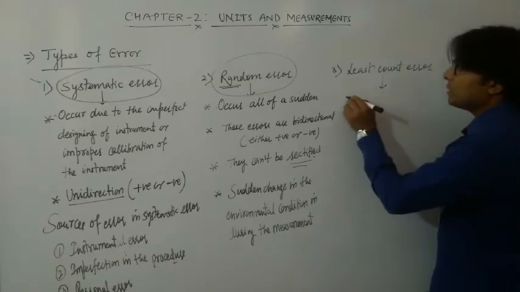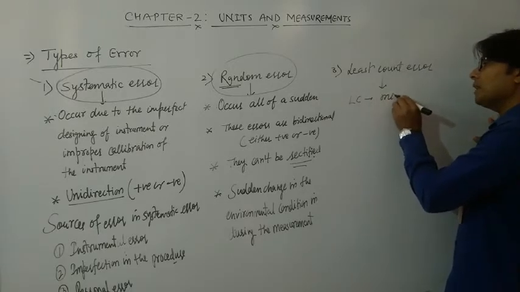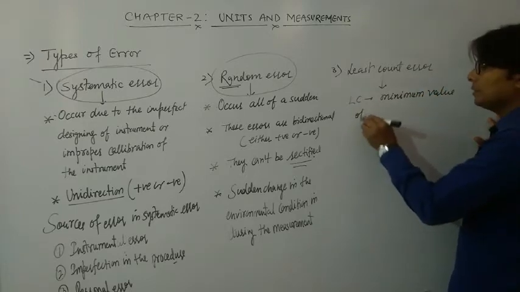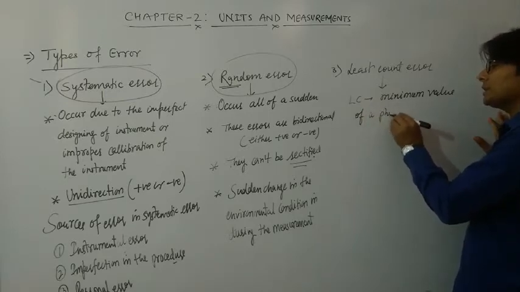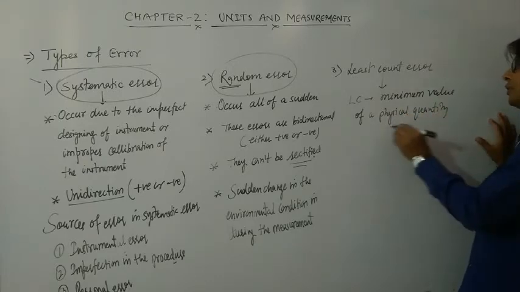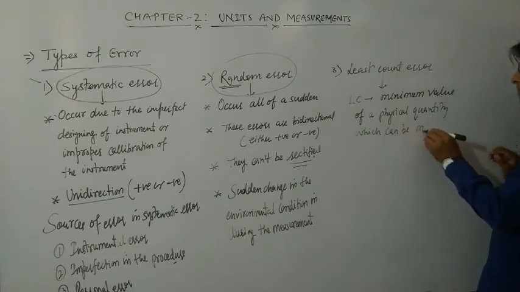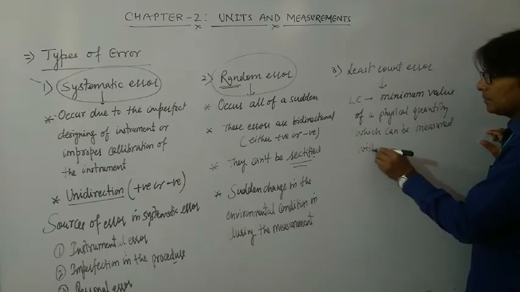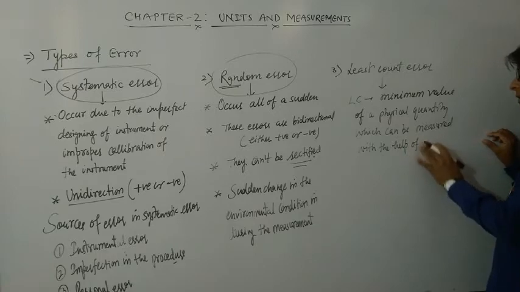Least count can be defined as the minimum value of a physical quantity which can be measured with the help of an instrument.